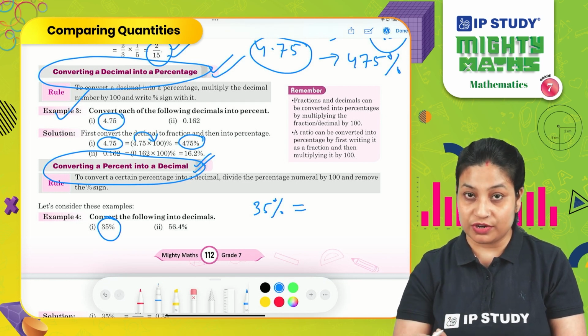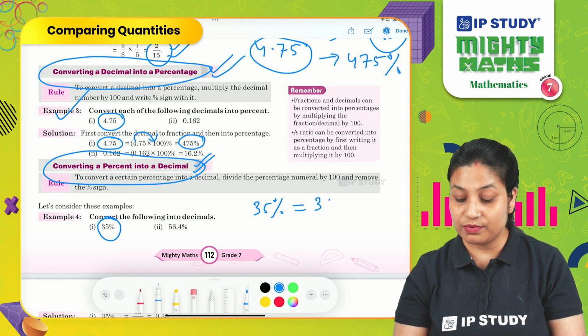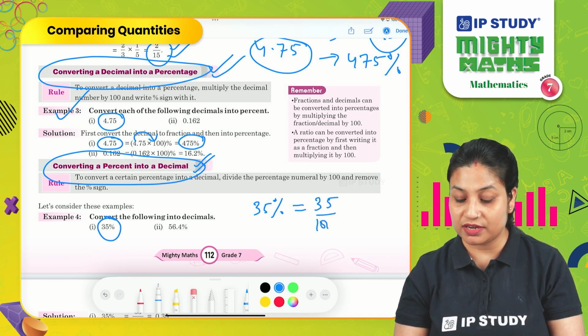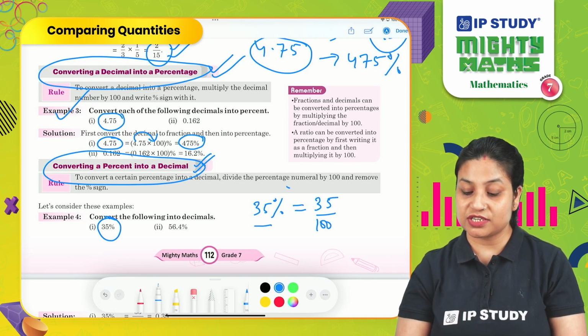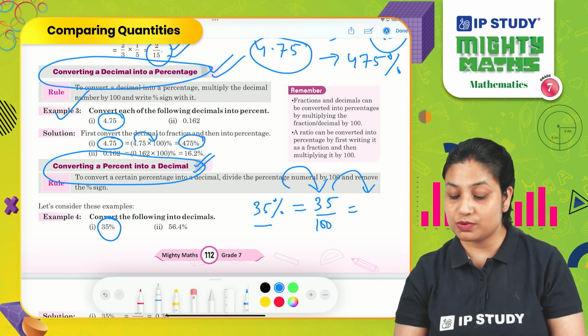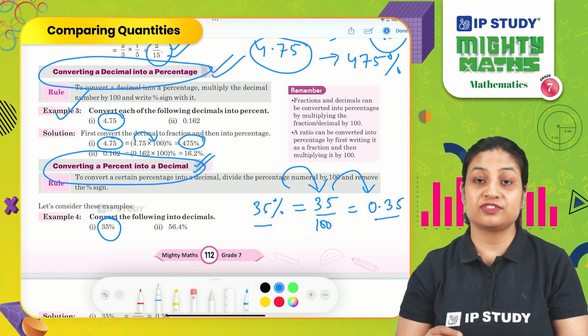So according to the rule that we have just done with the fractions, I will write it like this, removing the percentage sign and putting 100 in the denominator, right? So this percentage is converted into fraction first, and then from fraction you know how to convert it into decimal, right? So what is your answer? Your answer will be 0.35, right? So I hope you have understood this topic.